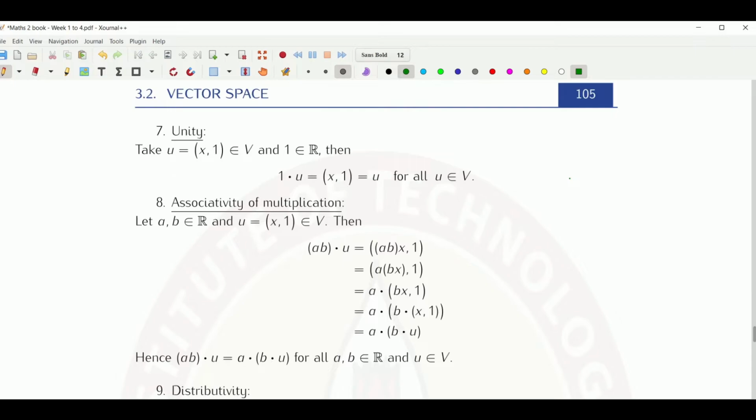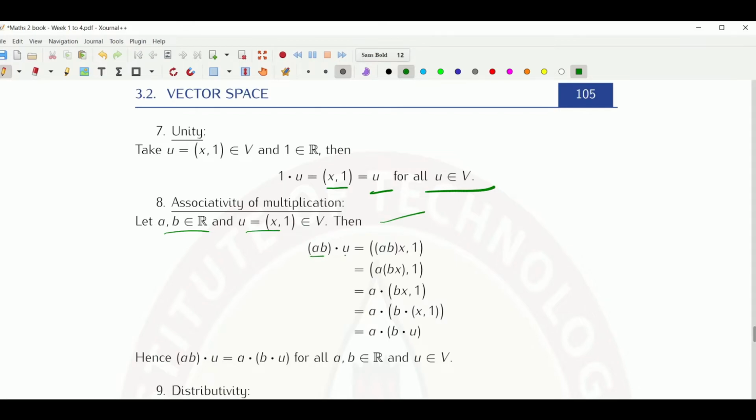Let's see the unity. Take u is equal to (x, 1) belongs to V and 1 is a real number. Then if we multiply 1 dot u is equal to (x, 1) is equal to u for all u belongs to V, is also correct. Associativity of multiplication. a, b belongs to R, u is equal to (x, 1).